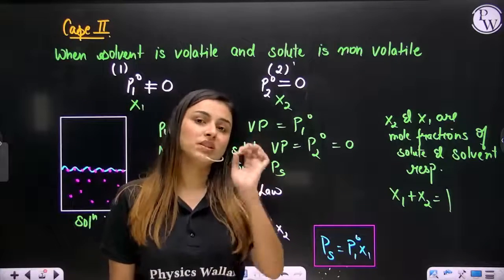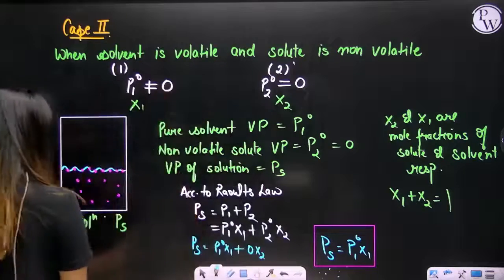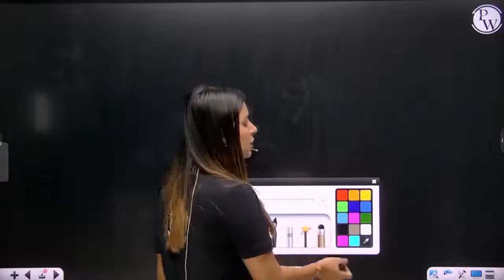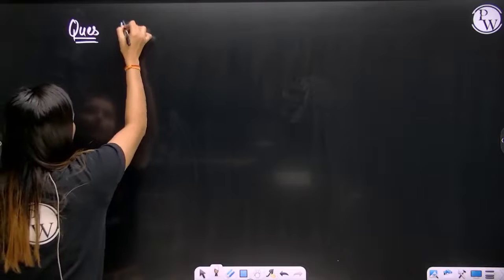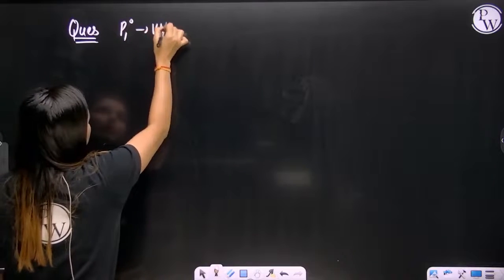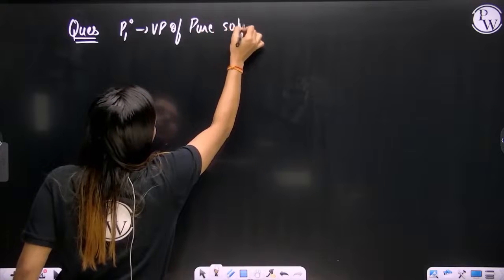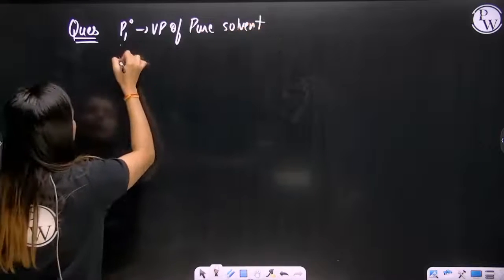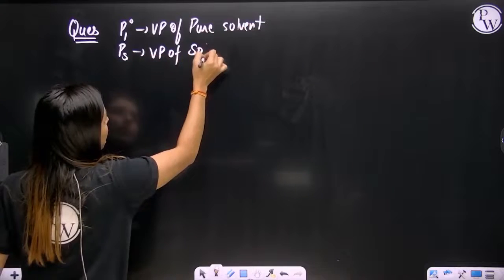Now, my dear students, I just want to ask you one simple question. If you have understood this concept, then you can answer this question. And if you were able to answer, then congratulations, the concept is clear. So, the question is, P1 naught is the vapor pressure of pure solvent, and PS is the vapor pressure of solution.